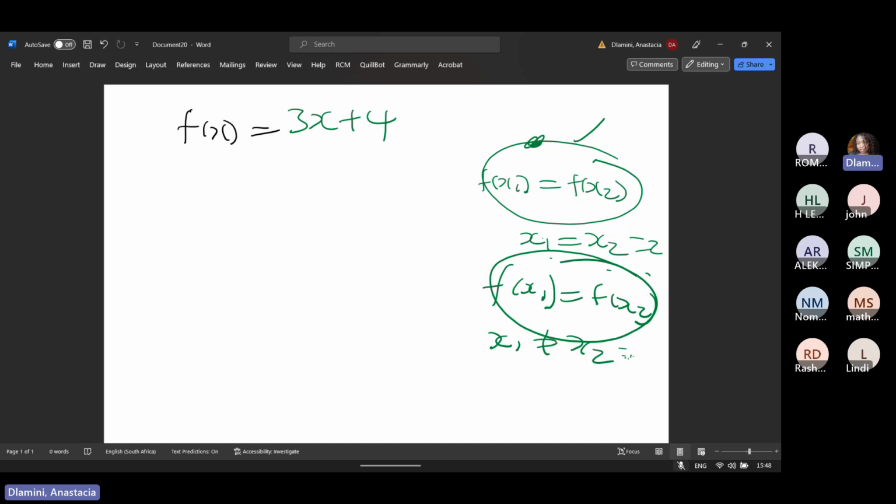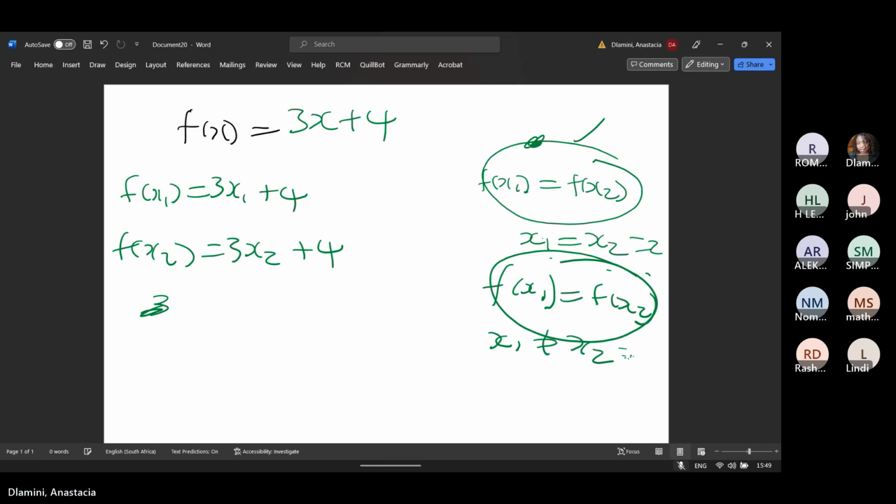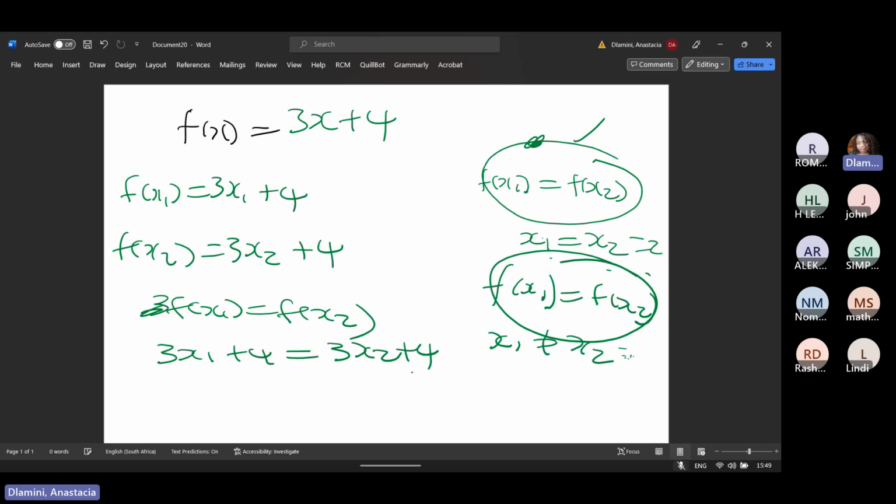So you can say f of x1 equals 3x1 plus 4, and f of x2 equals 3x2 plus 4. And then you equate them. So you say f of x1 equals f of x2, and then you have 3x1 plus 4 equals 3x2 plus 4.